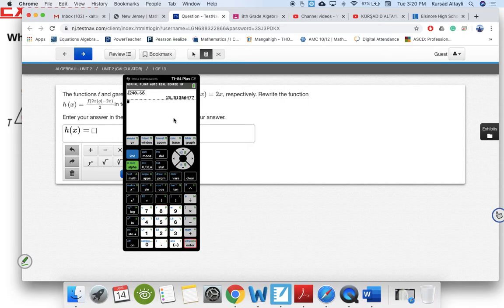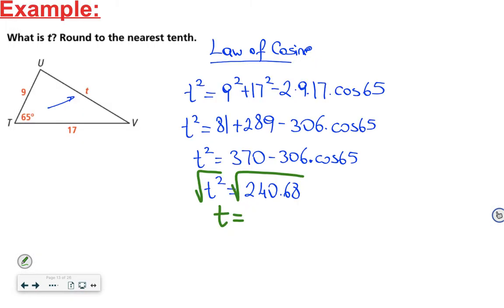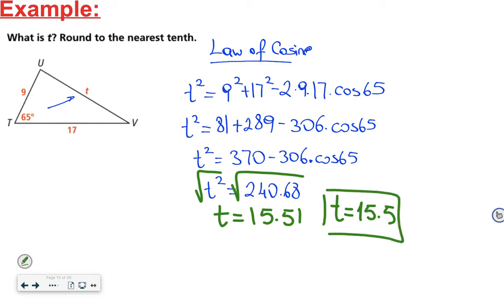Now it's going to become 15.51. Your question is asking you to round to the nearest tenth, so that's why your t is going to become 15.5. And this is your answer.